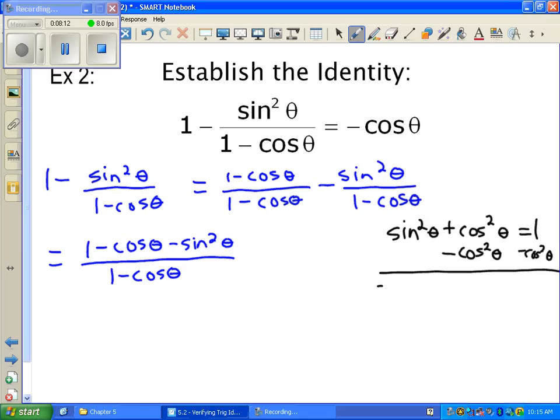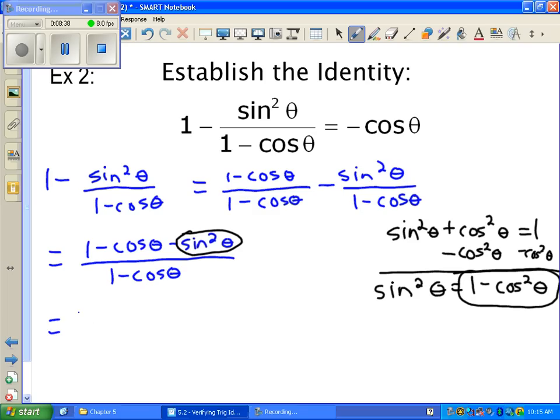And now I see where I can get a substitution that I can use in the proof that I'm working on, the establishing of that identity. 1 minus cosine squared theta. So I can take right here and I can substitute that because they mean the same thing.